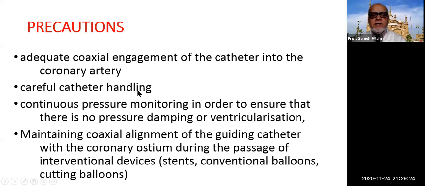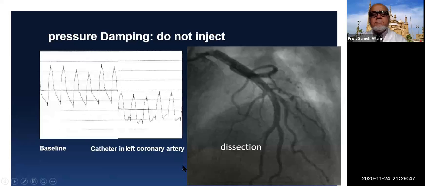Careful catheter handling, continuous pressure monitoring in order to ensure that there is no pressure damping or ventricularization, maintaining coaxial alignment of the guiding catheter with the coronary ostium during the passage and retrieval of intervention devices, stents, conventional balloons, cutting balloons, and others.